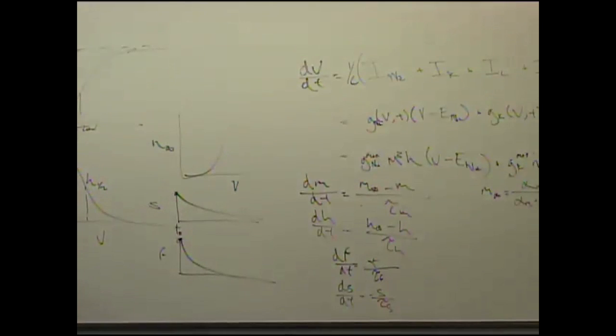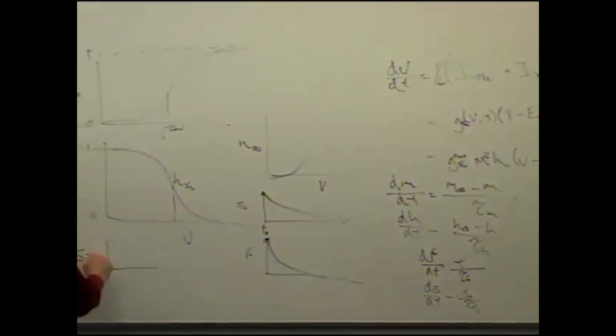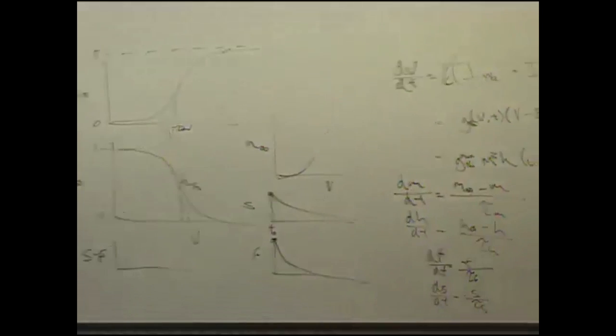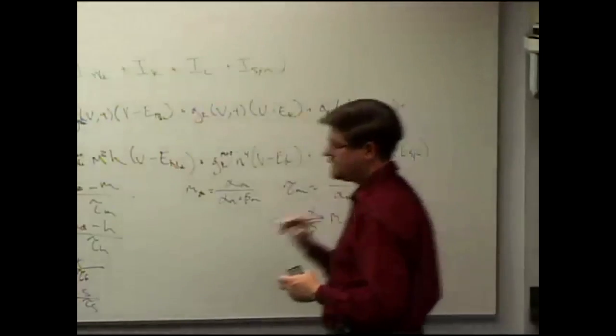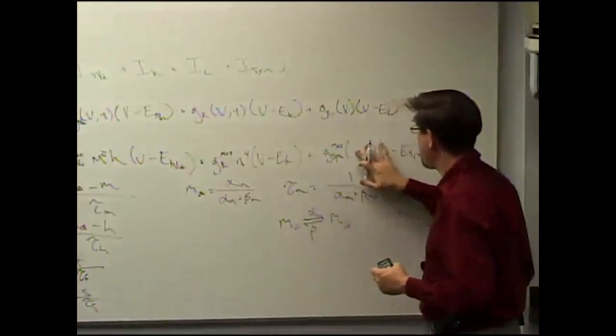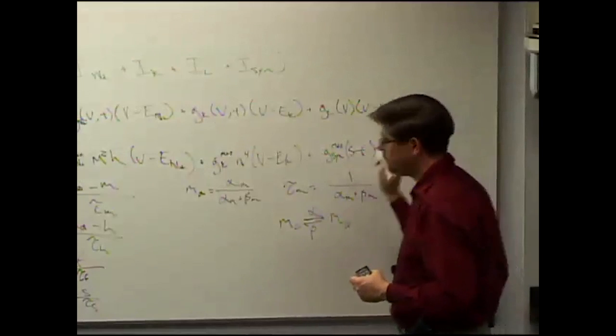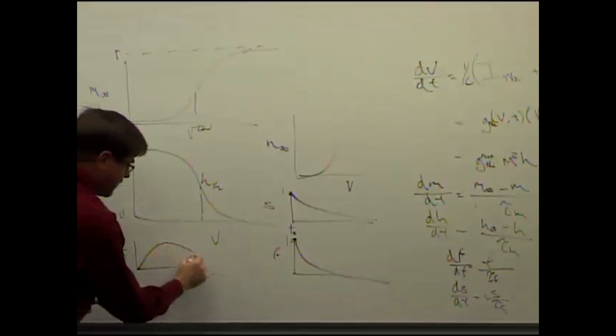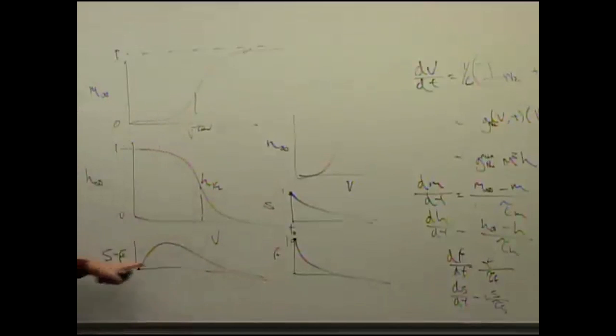And if we take s minus f, you will see they start off both at 1, and so that starts off at 0, and then they'll come up, and then it'll decay back down here.